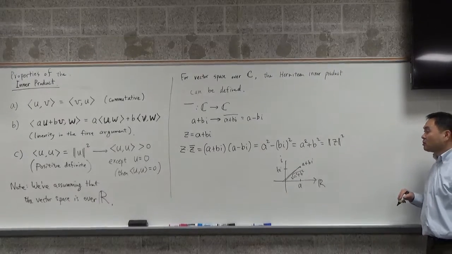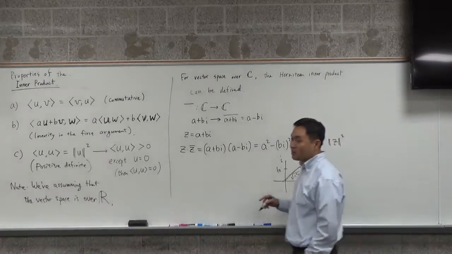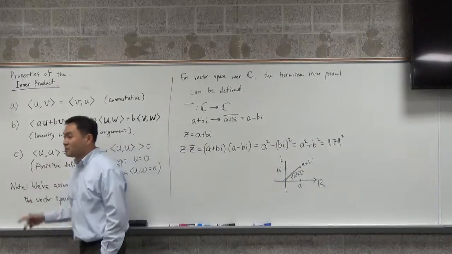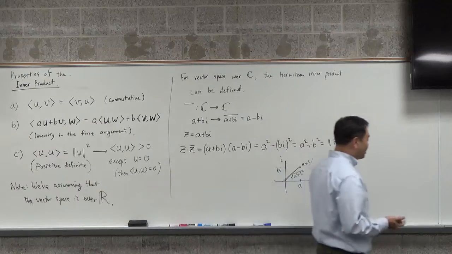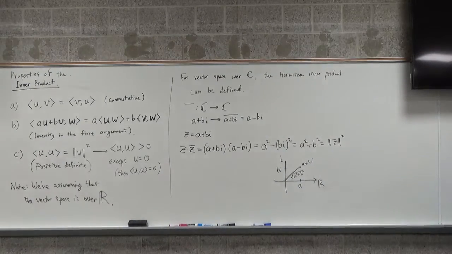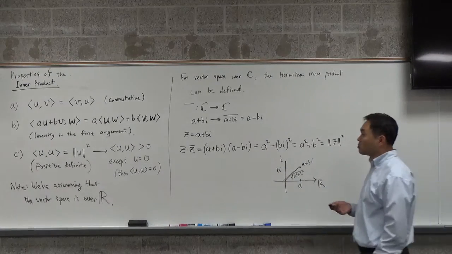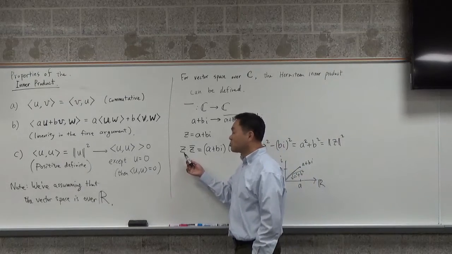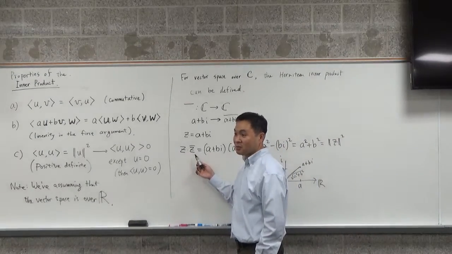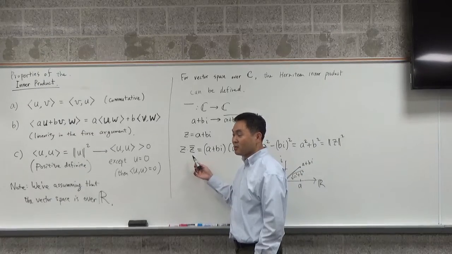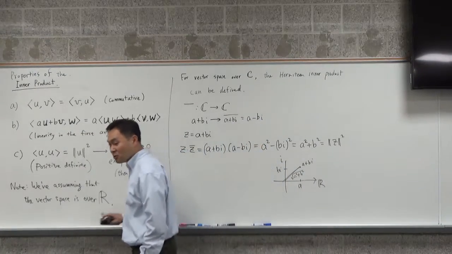Okay. So seeing this, people realize, well, I think the correct way to define inner product in the complex world is probably not just multiply two things, but multiply one by the bar of the other. So that's how they extended the view.